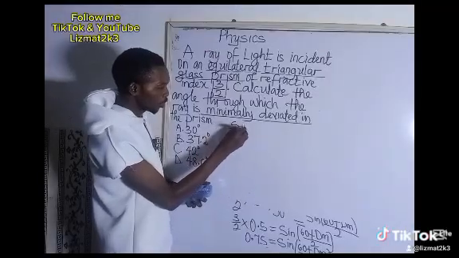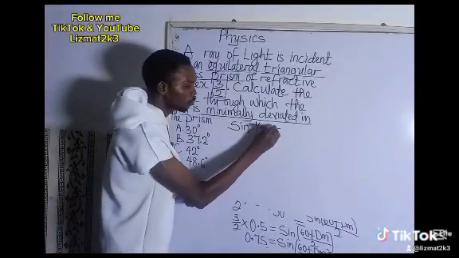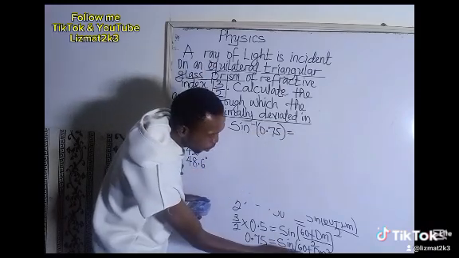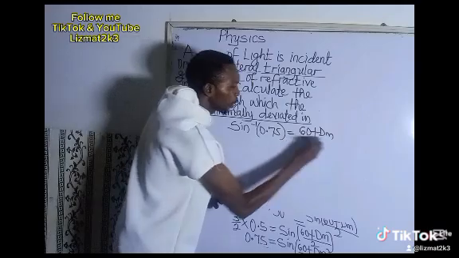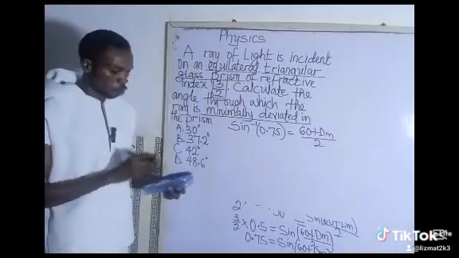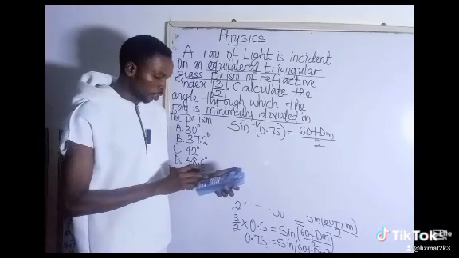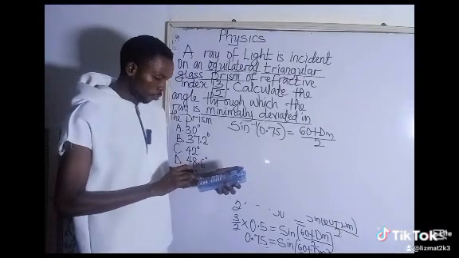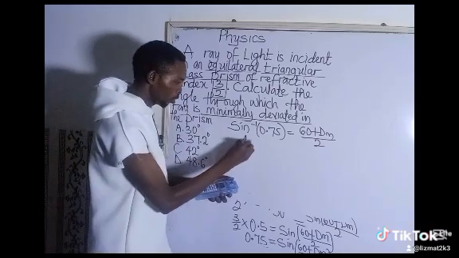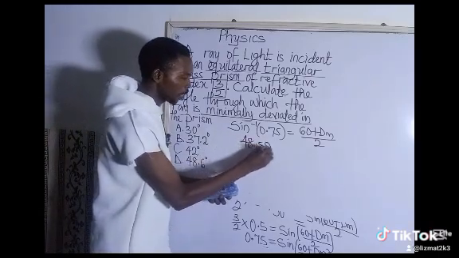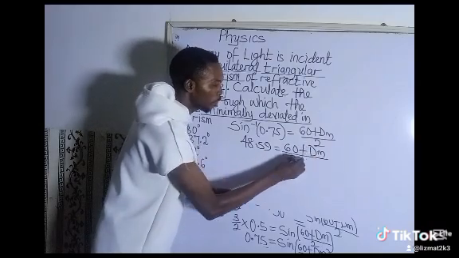The sine inverse of 0.75 is equal to 60 plus the angle of minimum deviation divided by 2. So find the arc sine of 0.75. That's 48.59, which is equal to 60 plus the angle of minimum deviation divided by 2.